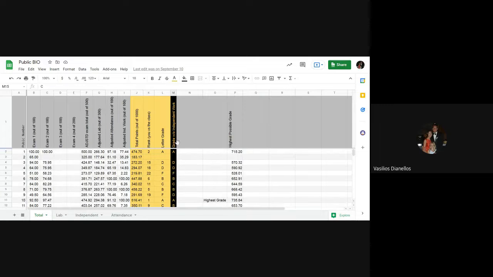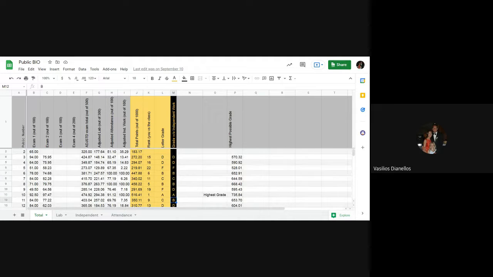This grade here in the black tells you what your grade would be if there was no independent work. For the most part, it seems pretty consistent. This person here has an F, but if it wasn't for independent work, they would have a D. So independent work has hurt this person.